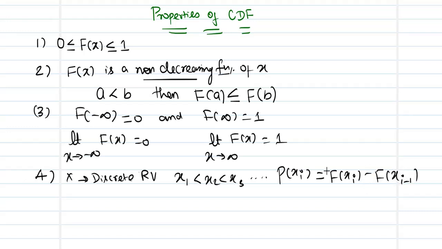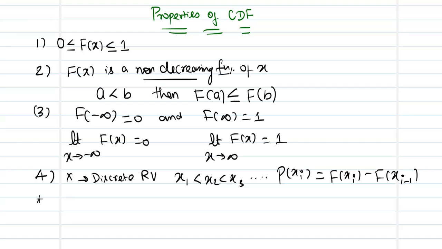This is because the cumulant gets added up stage by stage. So if you want the probability at one particular stage, you just have to take the difference from the last stage.